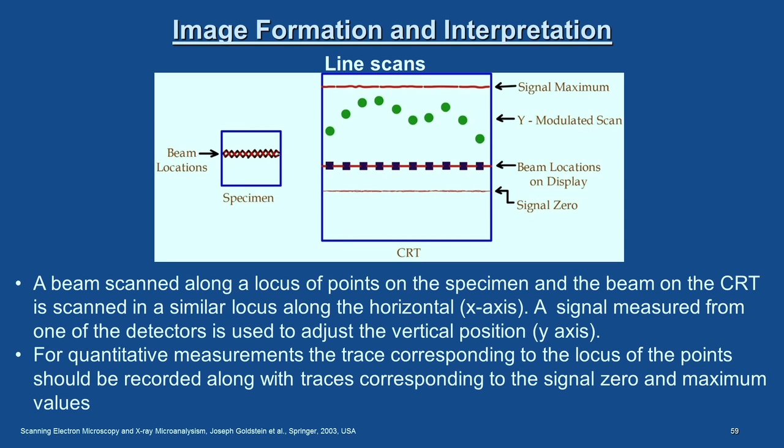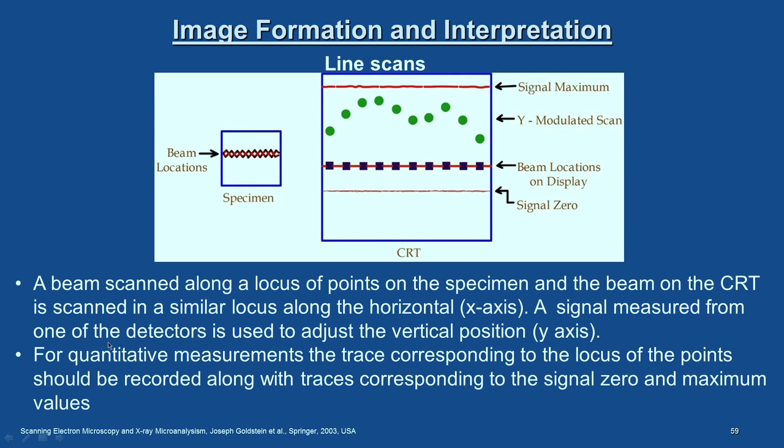So, the summary of the remarks for the line scan is: the beam is scanned along a locus of points on the specimen, and the beam on the CRT is scanned in a similar locus along the horizontal x axis. So, this is the line of action which we have talked about.